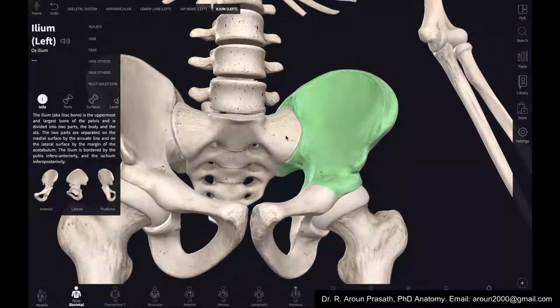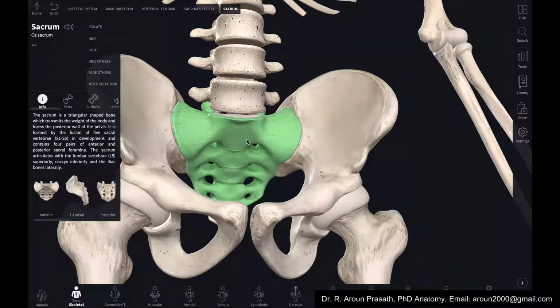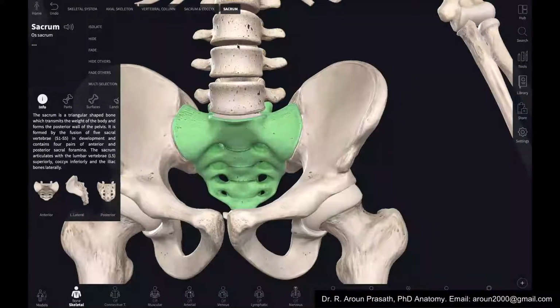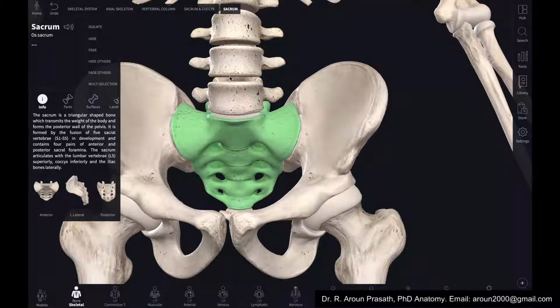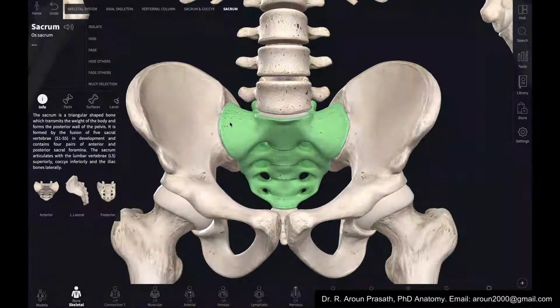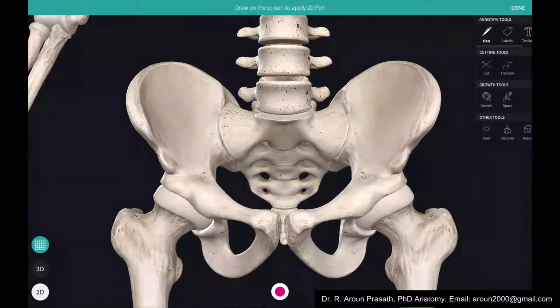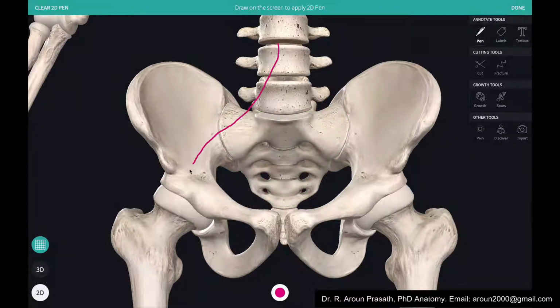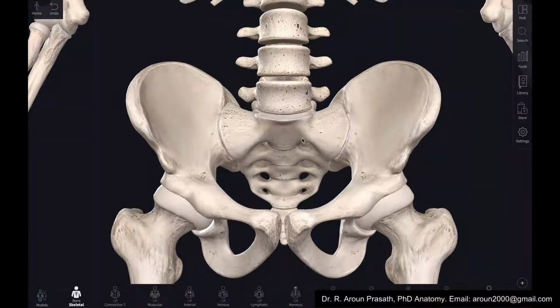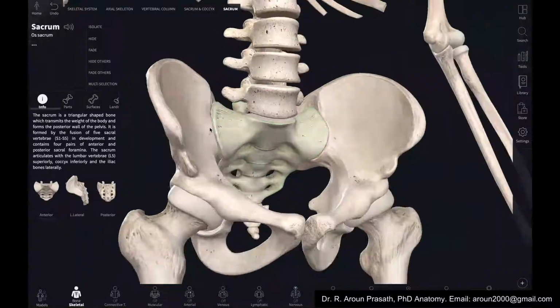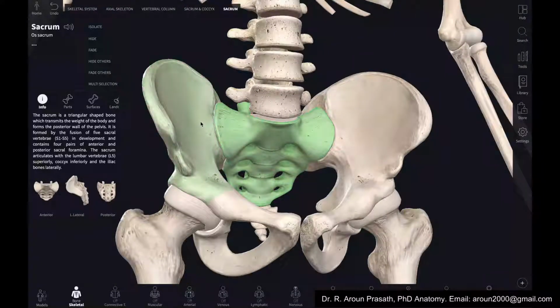Part of the upper body weight is transferred to the lower limb through this junction. That is the ilium part and this is the sacrum part. This joint is called the sacroiliac joint.